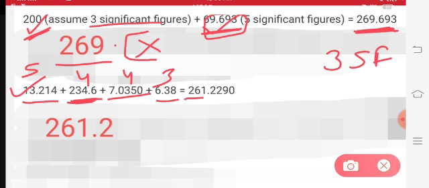So after finding the result, we will round off by placing simply 1 value after the decimal.